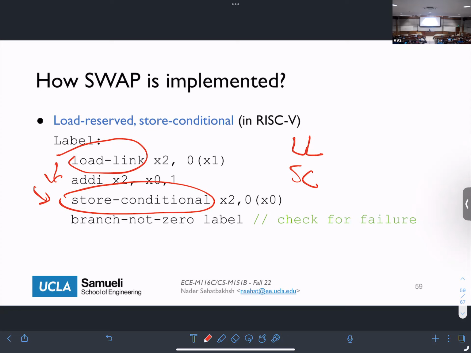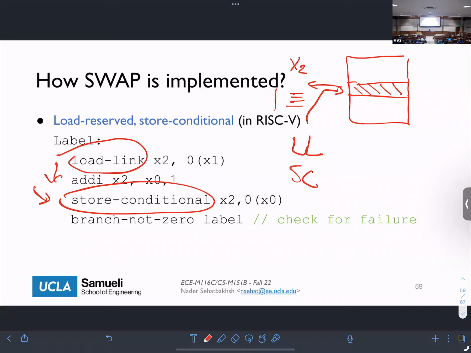So what it does is that, let's say I'm having this address, and I'm going to load from this address maybe to x2, okay? And then I'm going to run a bunch of instructions, and I'm going to write the value to this address, okay? So there are some instructions happening in between. And not only for this core, there will be some instructions and things that might be happening in all these other cores, okay?